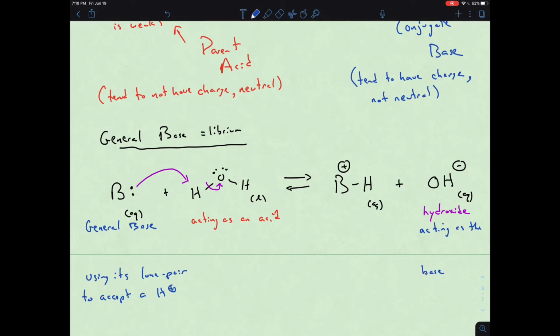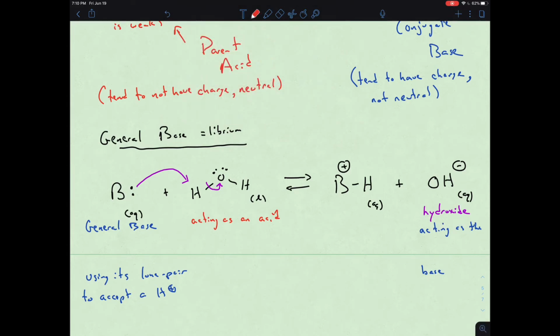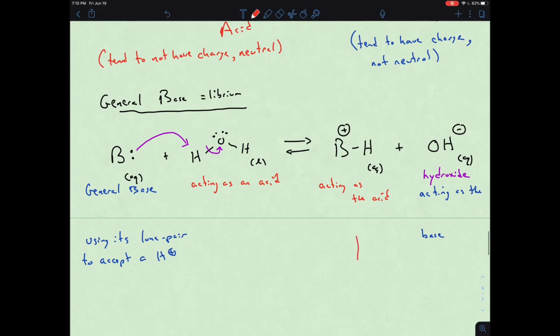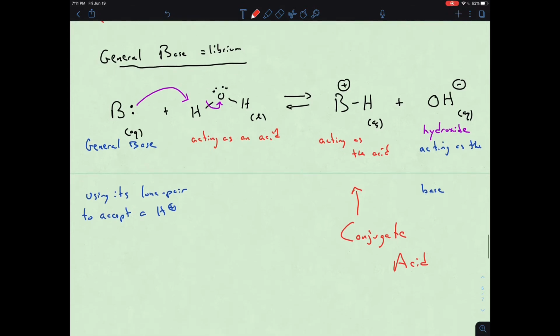Going the other direction, here we have another species that's now acting as the acid. And so this is our conjugate acid. Right, again, it's derived from that base.